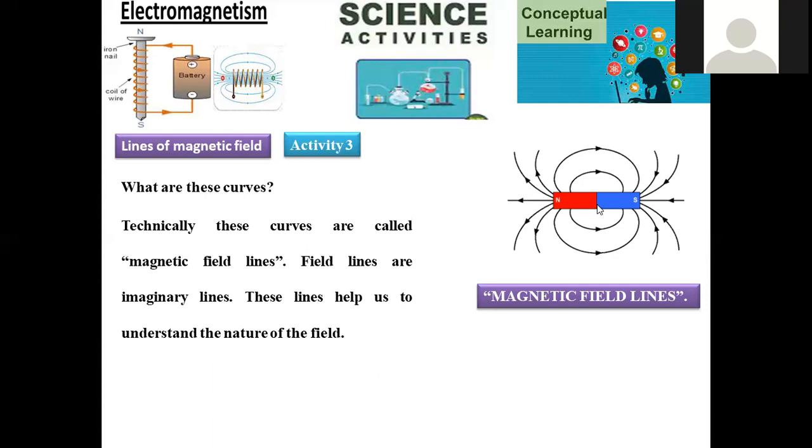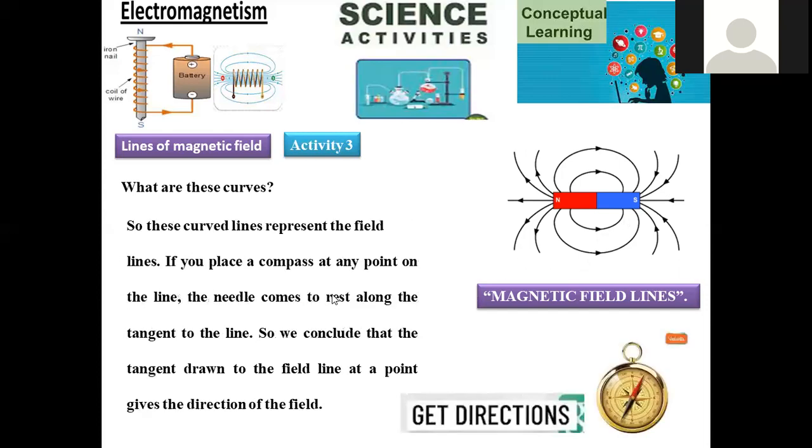Based on its strength, these lines are drawn. So these lines give information regarding the nature of the field, the extent of the strength of the magnet, and the nature of the field originating in its sphere. That will be clearly mentioned here.